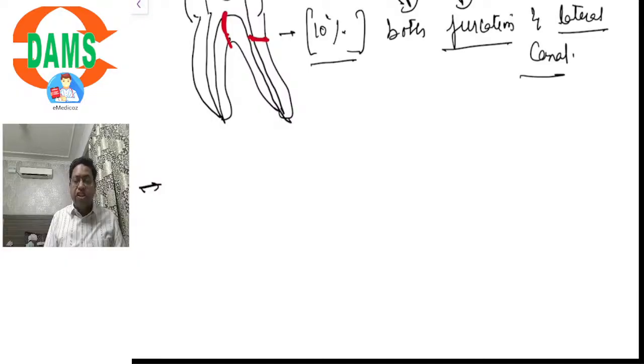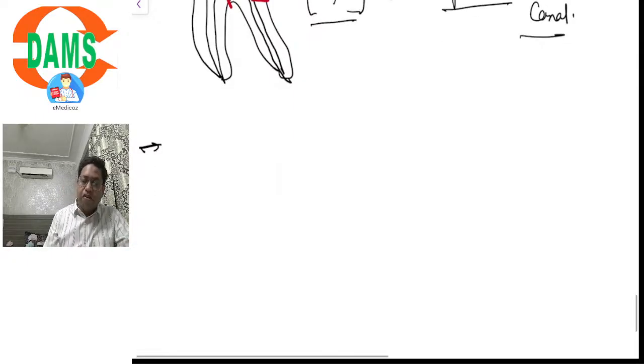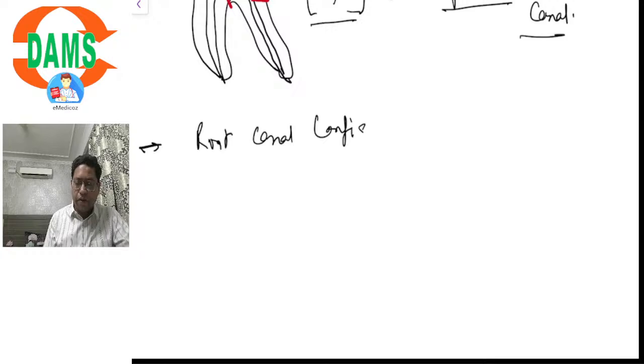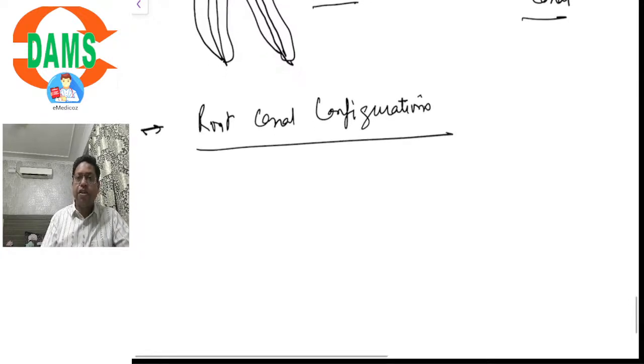Now, these are the general things about the anatomy of the root apex, the important anatomical structures like apical constriction, foramen, the CDJ, and anastomosis or isthmus. And then we have talked about the root canal system, the accessory canals, and what apical ramifications are. Now we'll talk about root canal configurations.